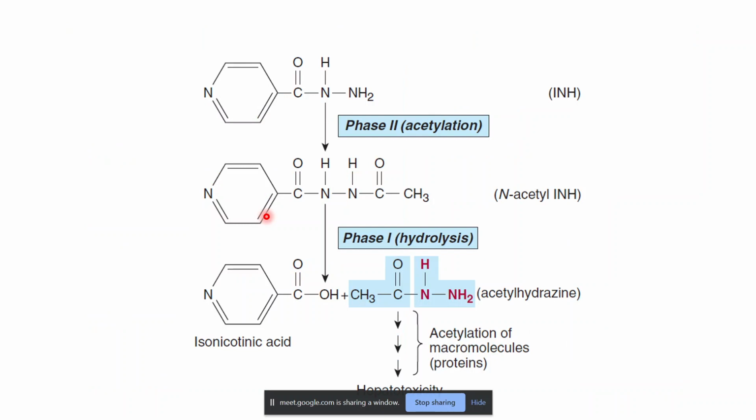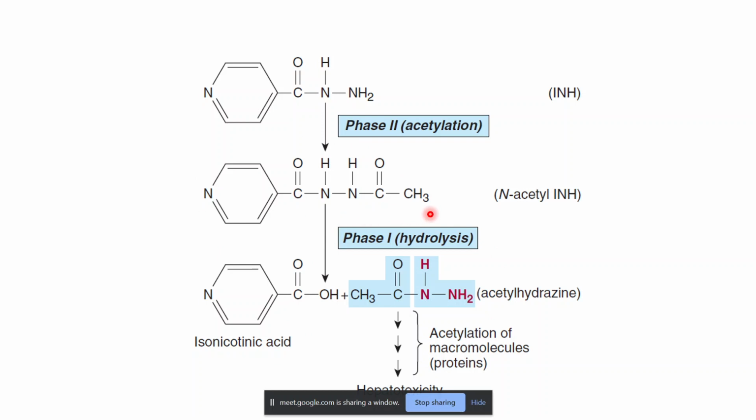For example, isoniazid will go to phase 2 acetylation as the first step. So usually phase 1 is the first step, but here phase 2 is the first step.